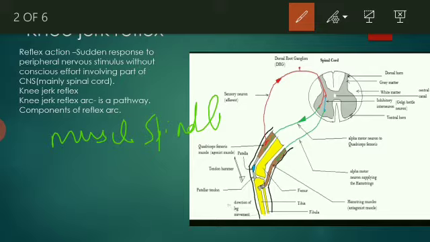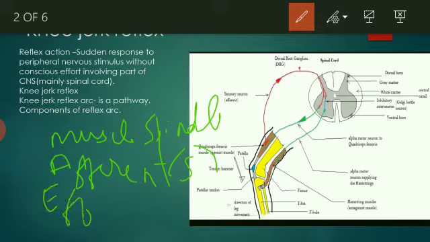Second, the impulse from the muscle spindles is taken by the afferent neuron, which is also called a sensory neuron, and from there the impulse reaches the spinal cord where the afferent neuron synapses or joins with the efferent neuron. So the impulse will now pass to the efferent neuron.